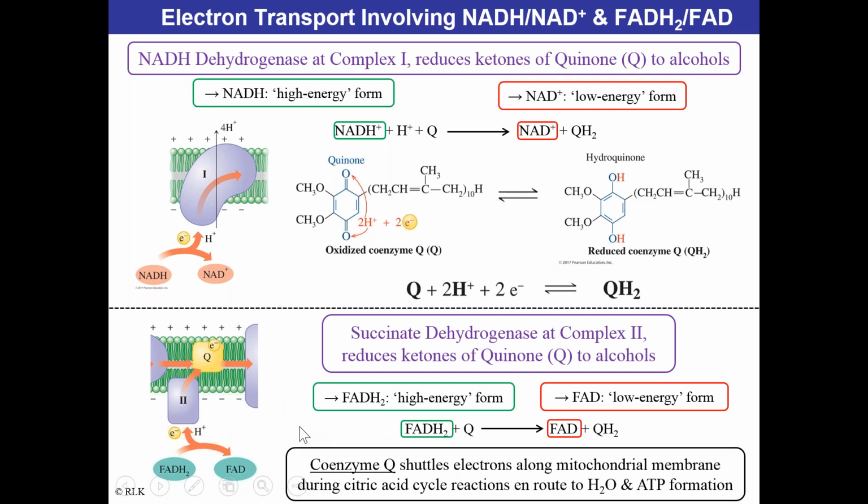Okay, so this would be, for instance, coenzyme Q shuttling electrons along the mitochondrial membrane during the citric acid cycle. Reactions en route to water and ATP formation. So these are just examples. You have to memorize this? Oh, no, you don't. But this is just an example of where this FAD and the NADH are active.